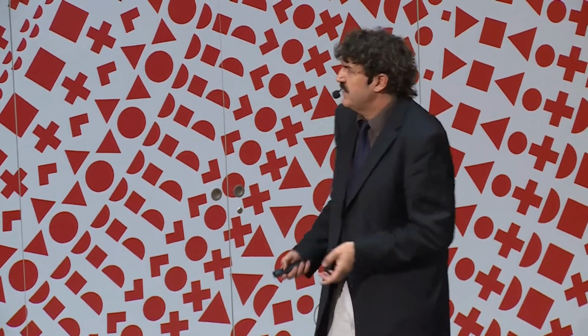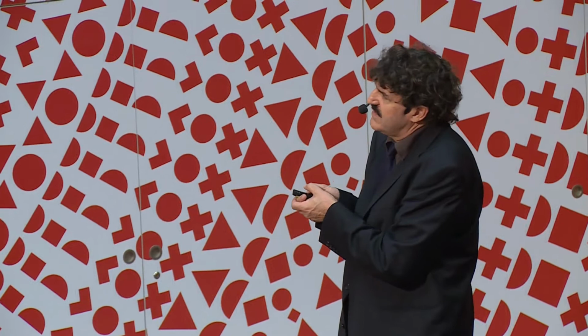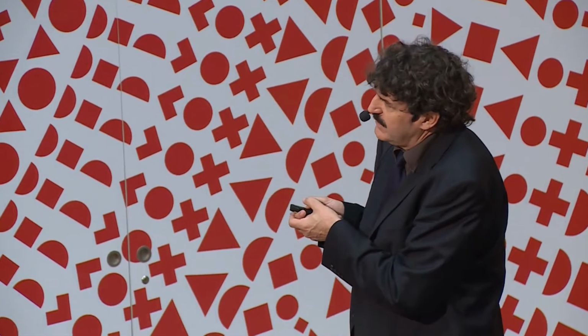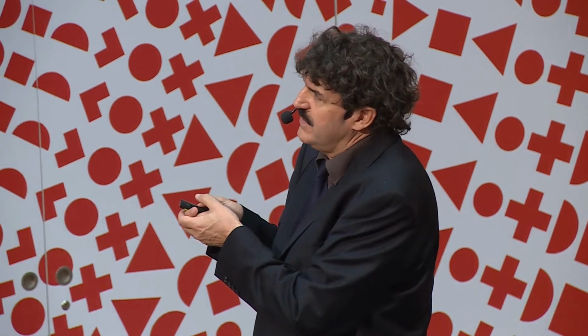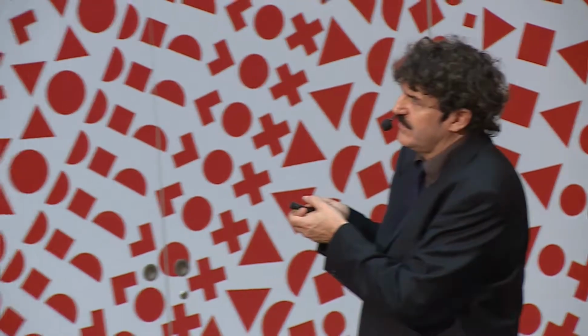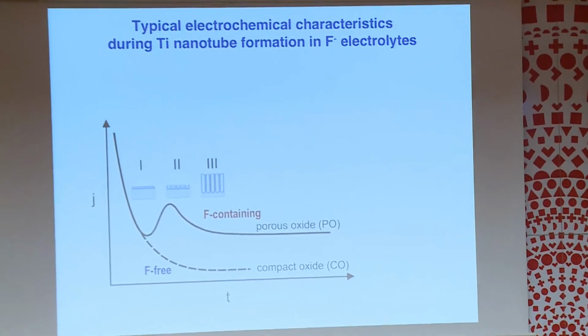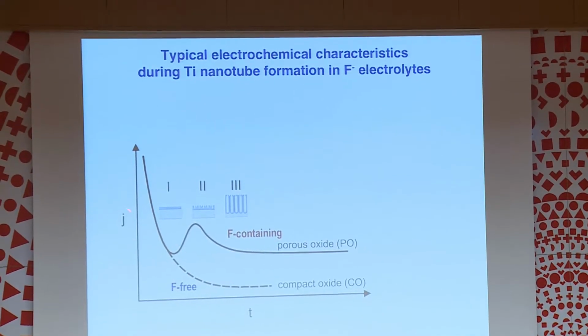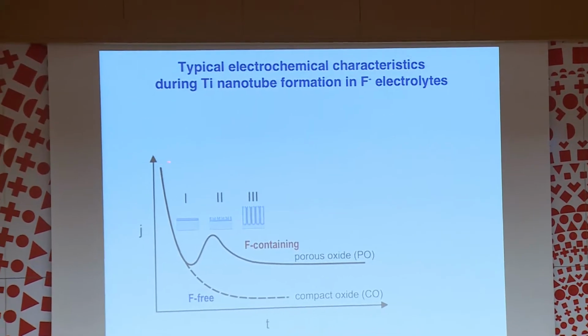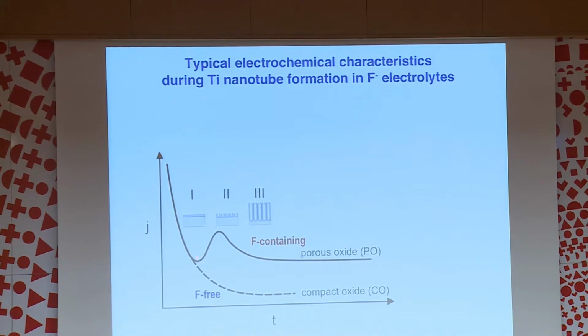If you now do the comparison of this current versus time curve for the fluoride-free case that we just looked at under this high field condition, you have this exponential drop and the compact oxide layer. If you record the current density in a fluoride-containing electrolyte, so again we put a piece of titanium into the electrolyte, counter electrode, apply 20 volts, and just monitor the current over time, then in the first phase this current drops also exponentially.